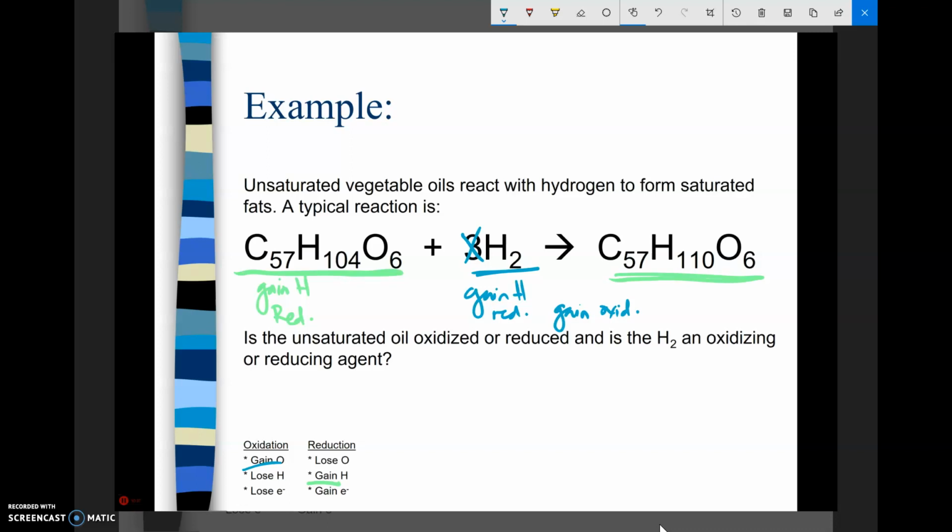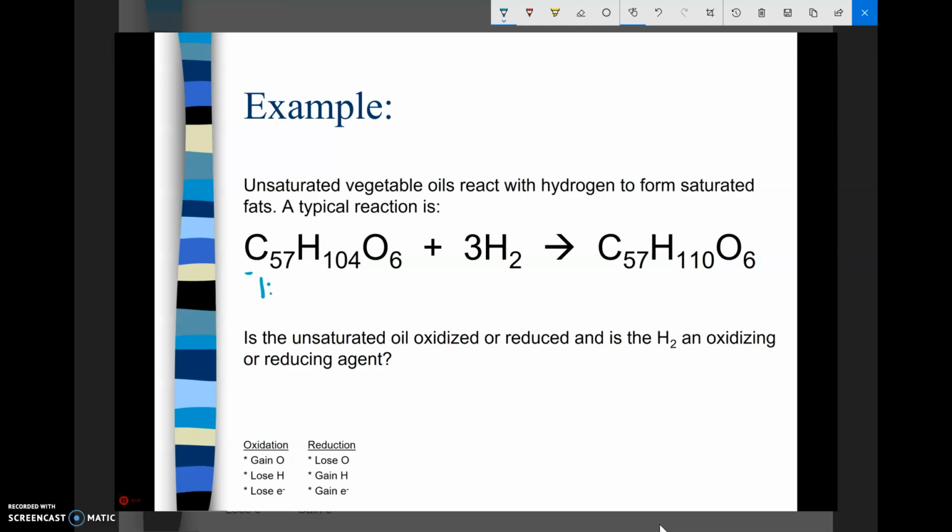So, on this example, let's clear this out. Let's erase all this. Okay, let's start again. So let's go ahead and look at this. When we're looking at this, we want to have a ratio of 1 carbon to whatever else. So if we do a ratio here, we're going to have 1 carbon.